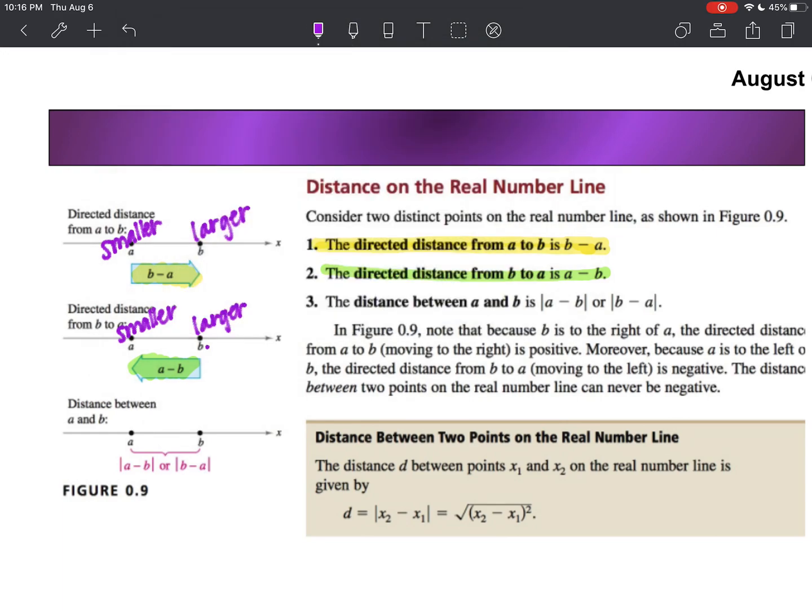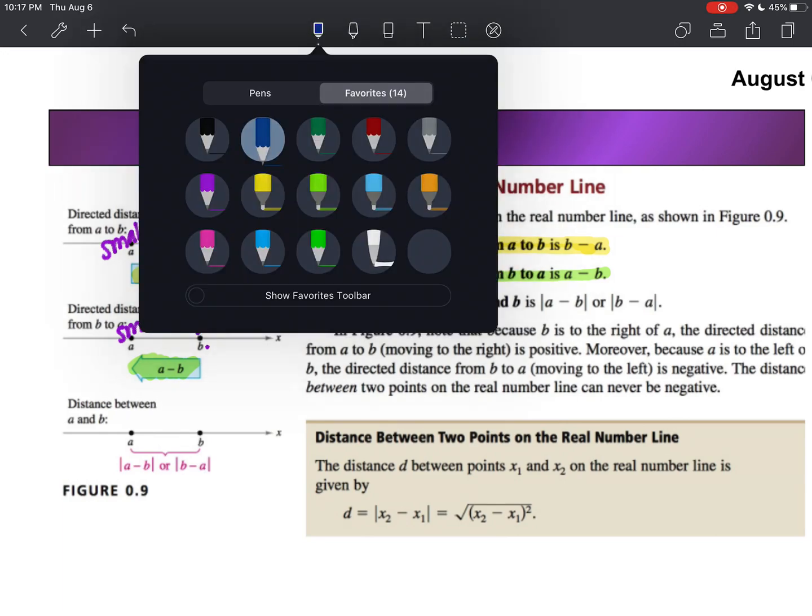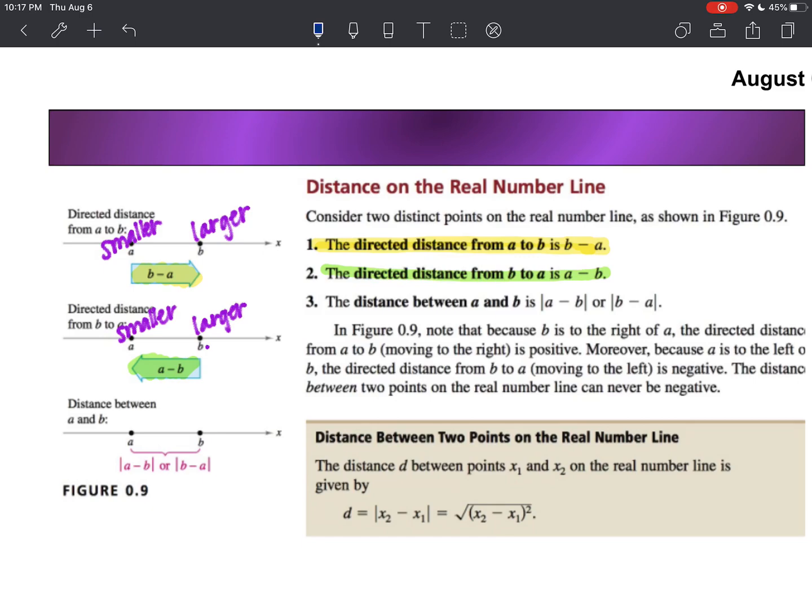So let's write that down. From A to B, you'll have B minus A, which is a positive. And going from right to left, you're going to have a negative directed distance.